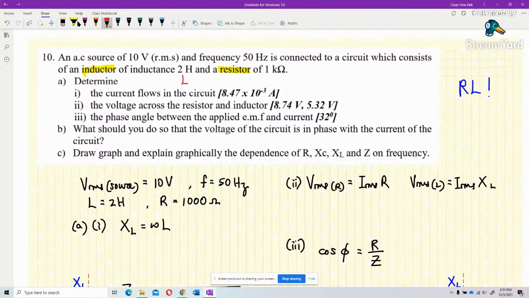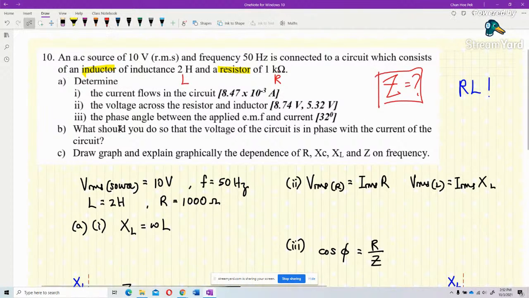Henry is the one who named L. So this is the resistor in ohm. This is an RL circuit. Now you are asked to find the current that flows. If you want to find current, first of all you must find the impedance. That's the first step. You are the detective, let's find out who this is. Z.